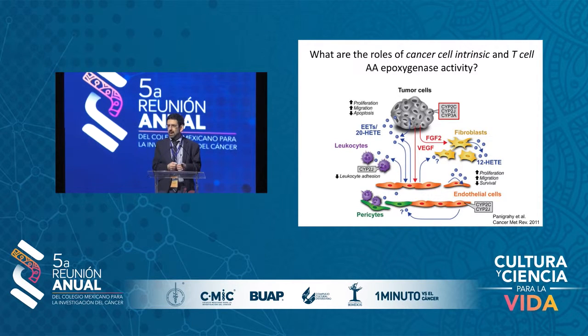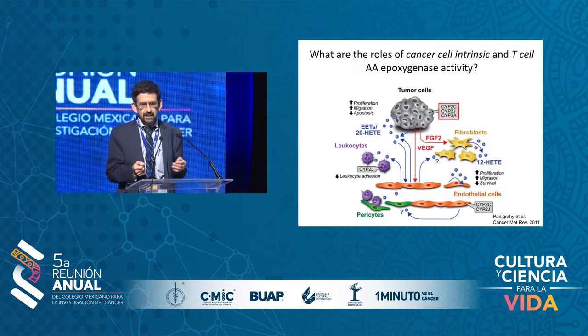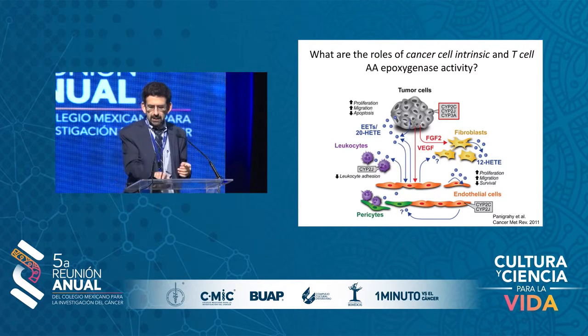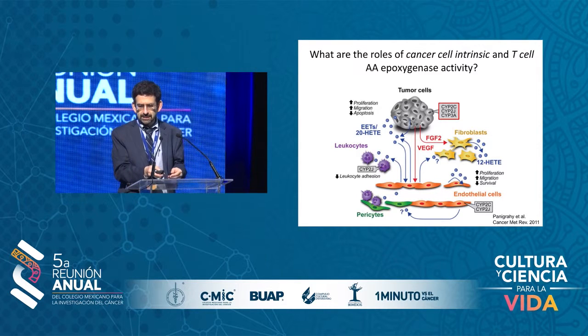In addition, Dipak Panigrahy's group at Beth Israel Deaconess Hospital in Boston has shown that the cytochrome P450 and EET system plays an important role in angiogenesis in cancer, and that there's crosstalk between the tumor mass and the surrounding angiogenesis in the tumor microenvironment.